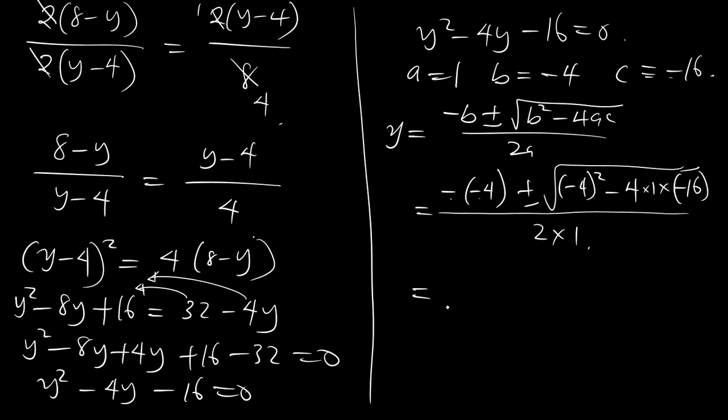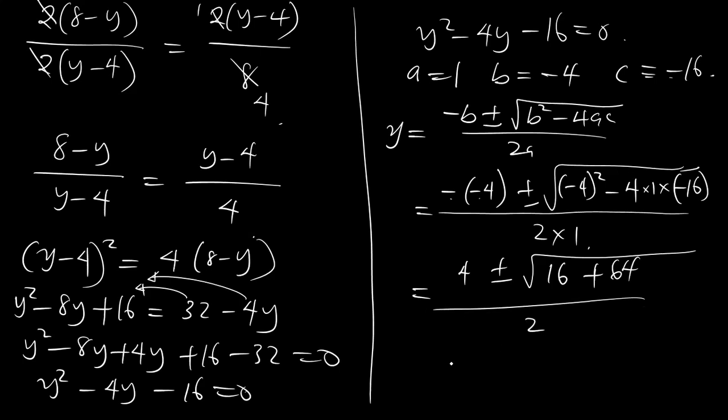So minus times minus, you have 4 plus or minus the square root of what? 16 plus, because you have minus 4 times minus 16, so plus 64 divided by 2. So y will now be equal to 4 plus or minus the square root of 16 plus 64. This will give us 80 divided by 2.